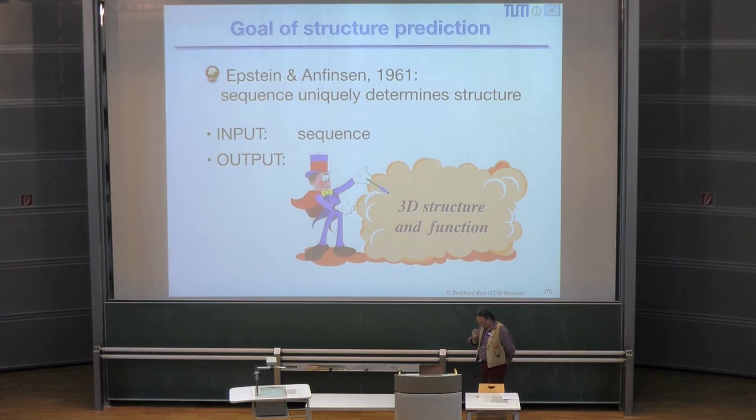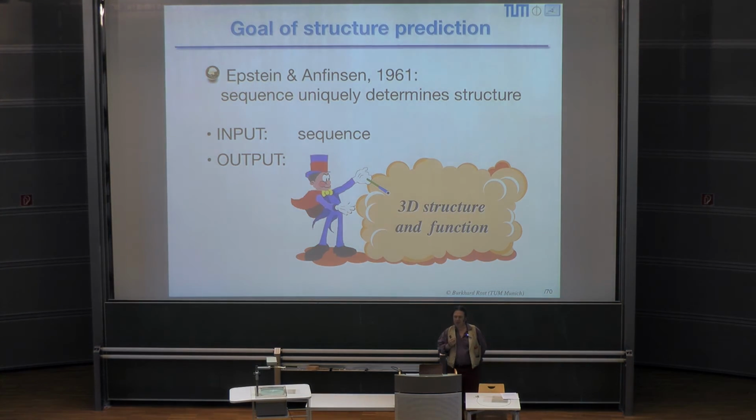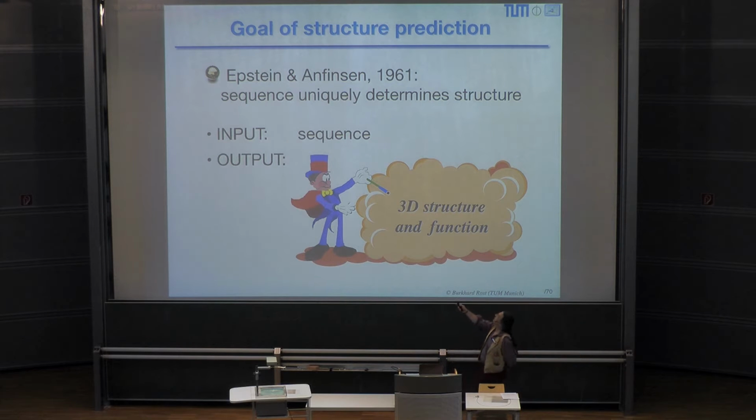So again, in principle, the idea is, or the reality is, and that is a paper from Epstein and Anfinsen, published in 1961. They said that if you take a stretched out sequence of amino acids, so say you take a 100 residue protein, you throw it into a solvent, water, it adopts a unique three-dimensional structure.